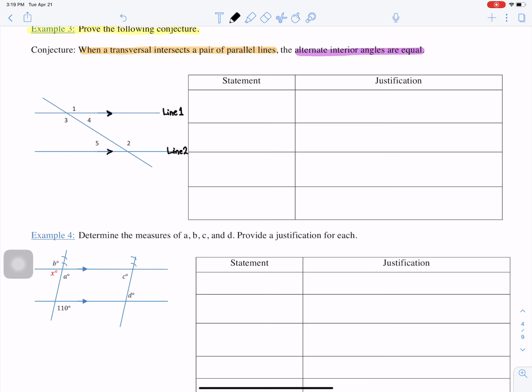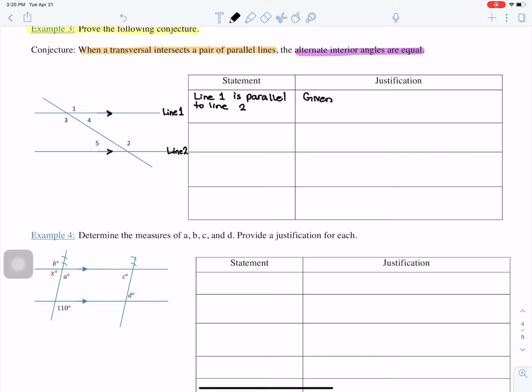So what I'm going to say first in my statement is line 1 is parallel to line 2. And then under the justification, we're going to write that that information was given to us.